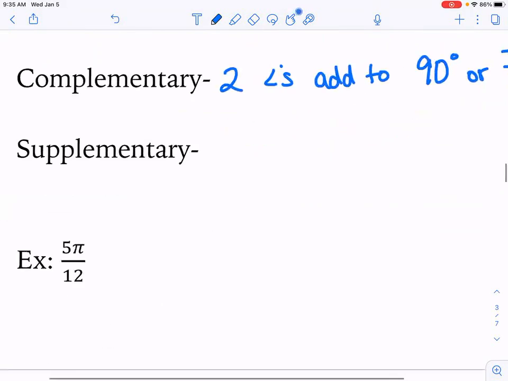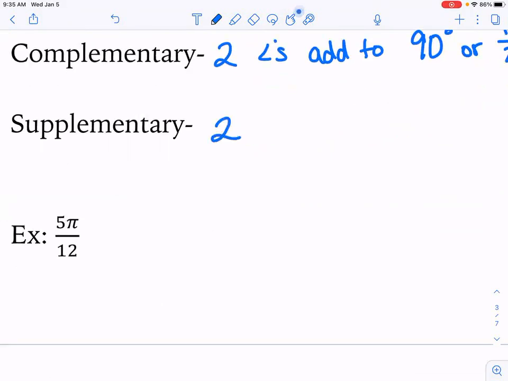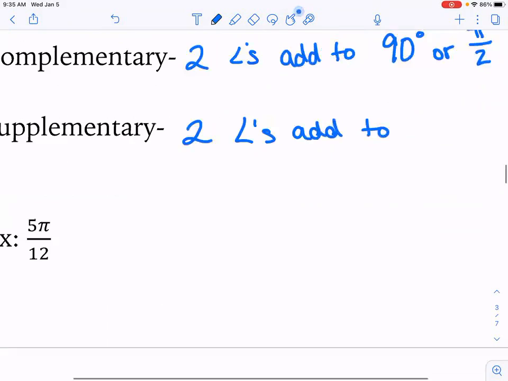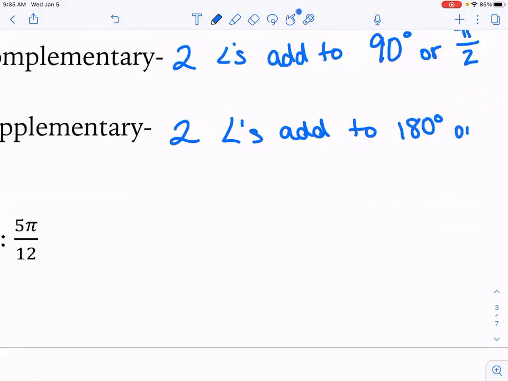Kristen, what about supplementary angles? 2 angles that add to 180 degrees, or if we're in radians, pi radians. I am fully confident that I could give you an angle like 40 degrees and you could tell me its supplement and its complement.